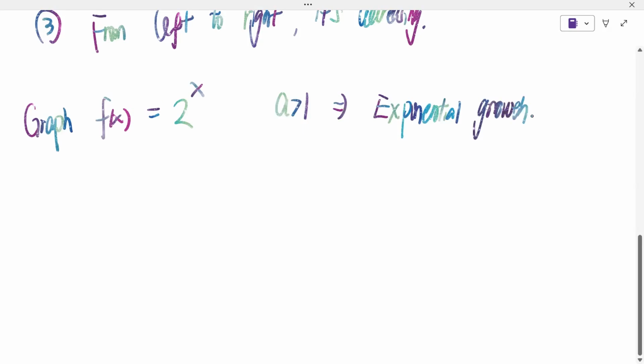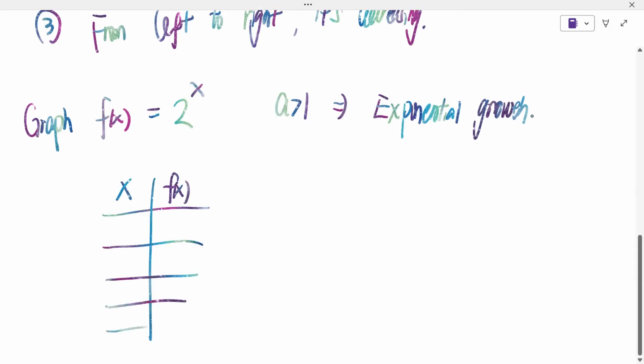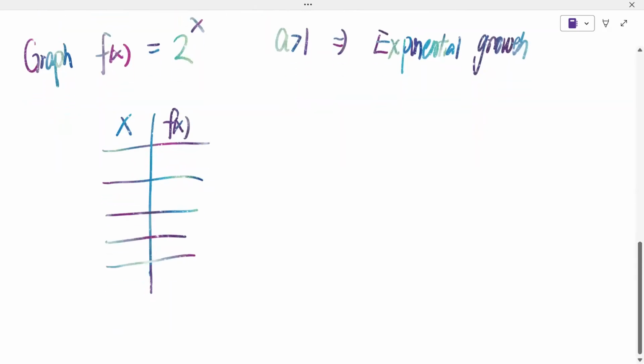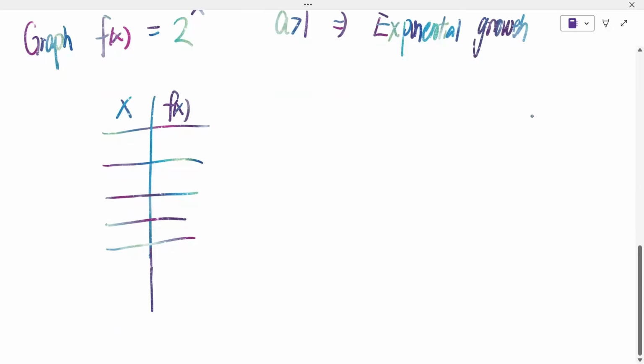For the graph, typically you need 7 ordered pairs, so I would do 7, and then we'll get all those coordinates and start plotting them.